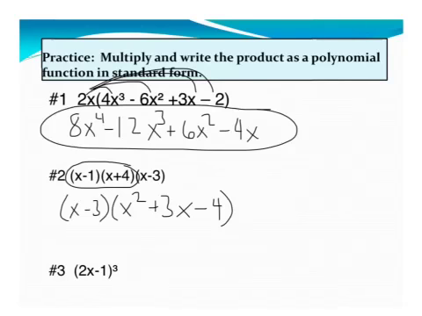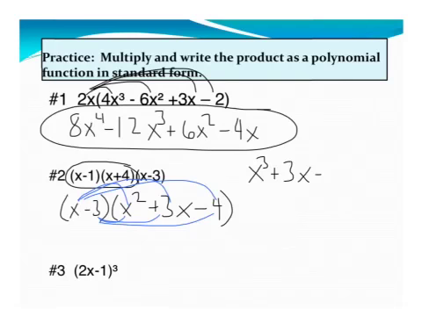Now what I'm going to do is I'm going to distribute the x to each part, and I'm going to distribute the negative 3 to each part. Alright, and I'm going to keep it really nice and organized off to the side here, and I would suggest you do the same. So my x times my x squared gives me x cubed. X times 3x gives me 3x squared.